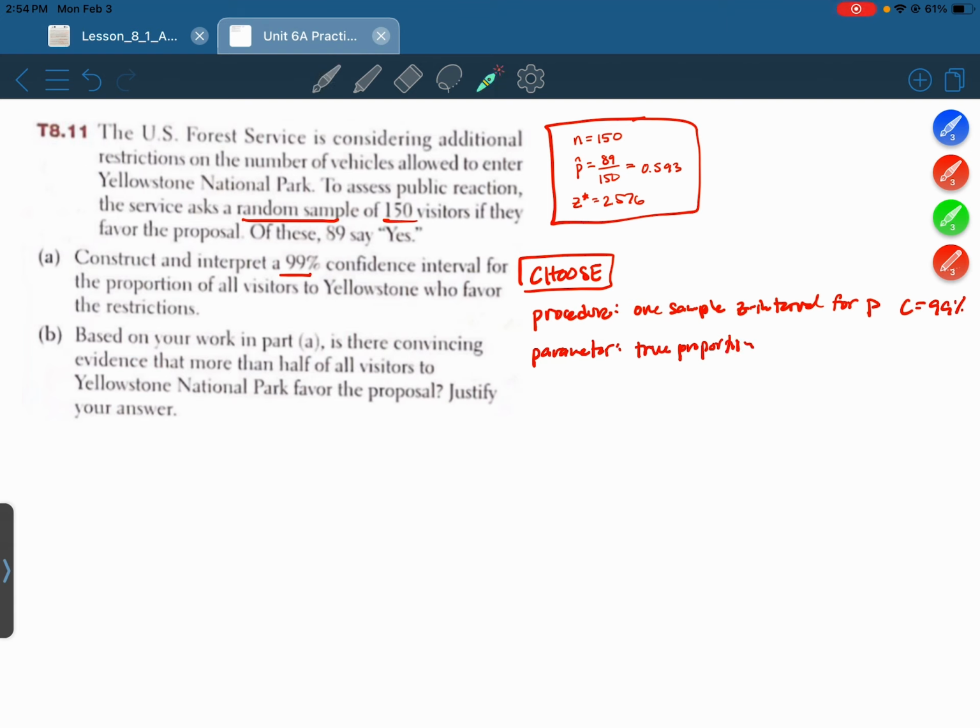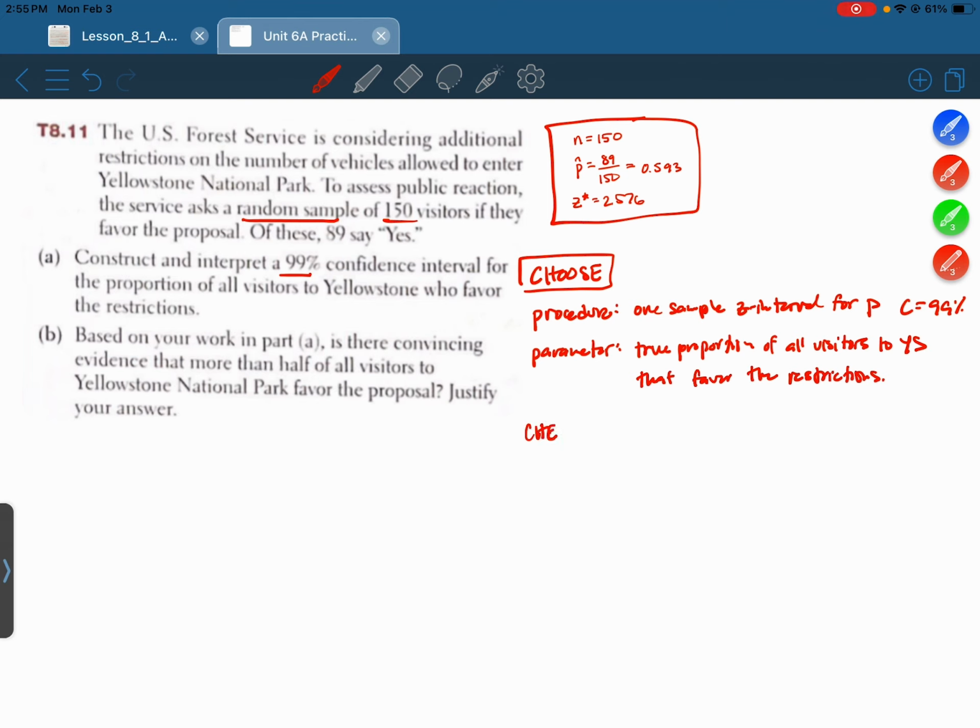Here, we'll just copy it: the true proportion of all visitors to Yellowstone who favor the restrictions. All right, so that's step one.